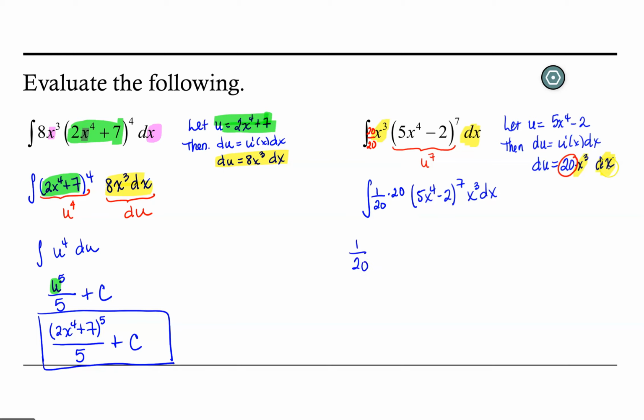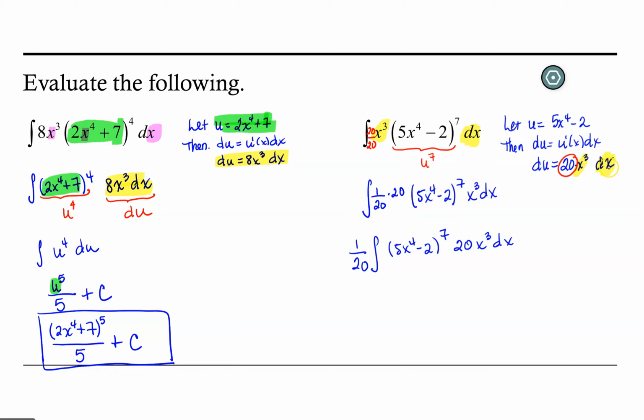So 1 over 20, then 5x to the fourth minus 2 raised to the 7th power, and then I'm going to use the commutative property of multiplication to rewrite this as 20x cubed dx.